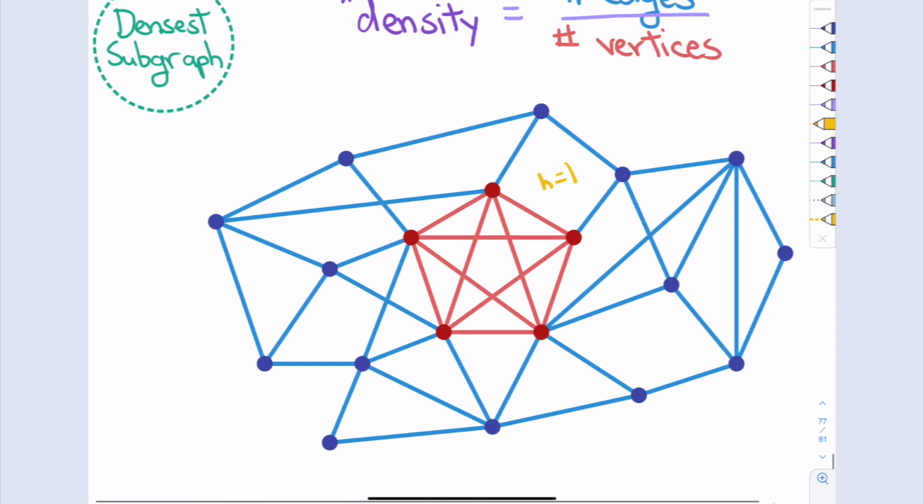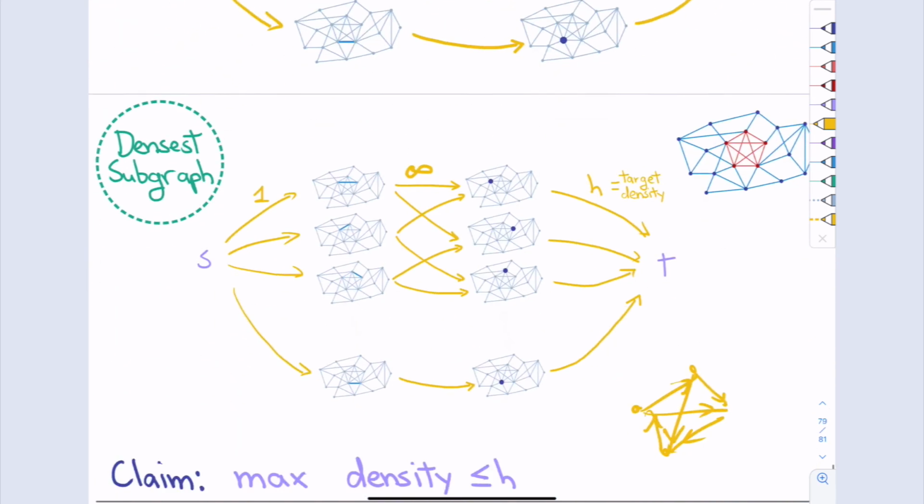So if you cannot route, and you can check this, I'll put in the notes, if you're not able to assign all the edges to an orientation, then you'll get some s-t cut that will naturally look like this. It'll delete some edges here and some edges here.